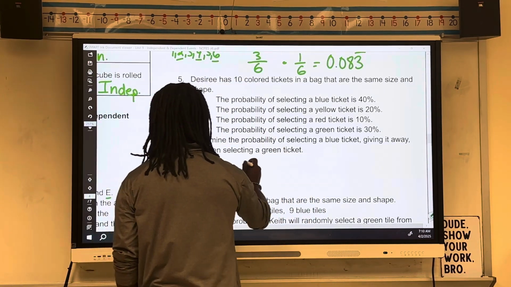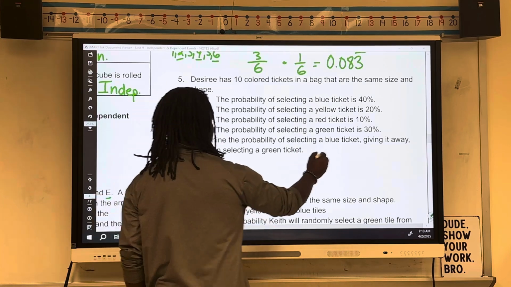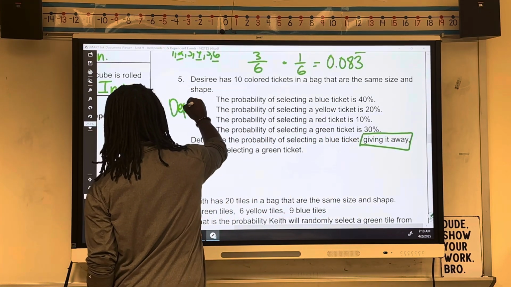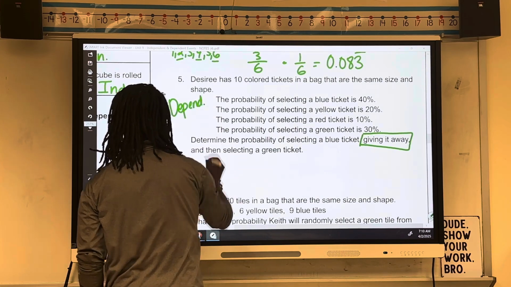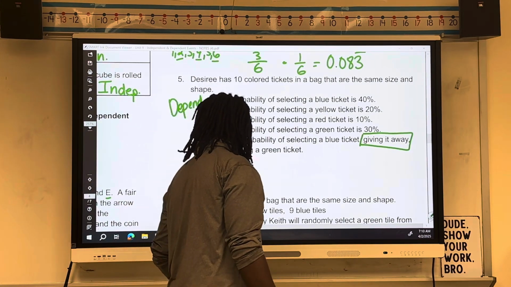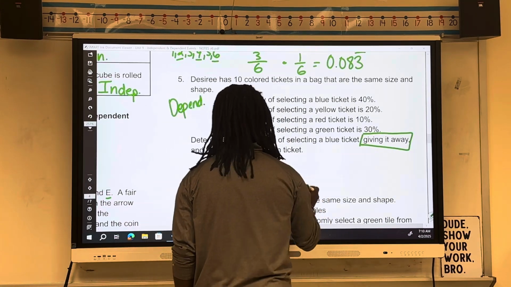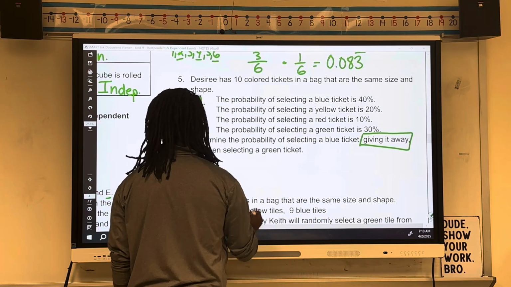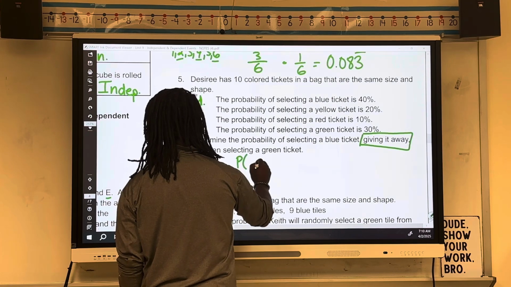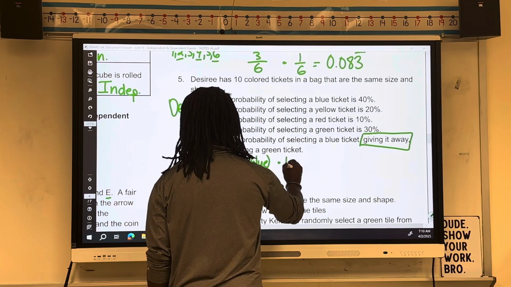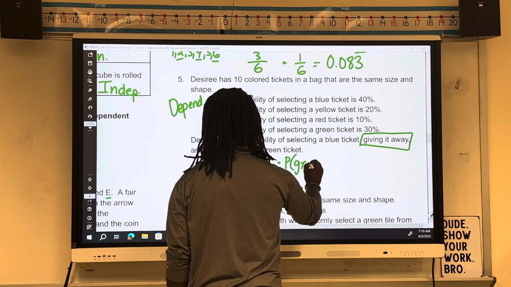All right, we're looking for, all right, what's the probability? Again, we are giving it away here, so that is going to be dependent. Okay. All right. And it tells me the probability of each of them. So this time I'm finding the probability of getting a blue, then the probability of getting a green.